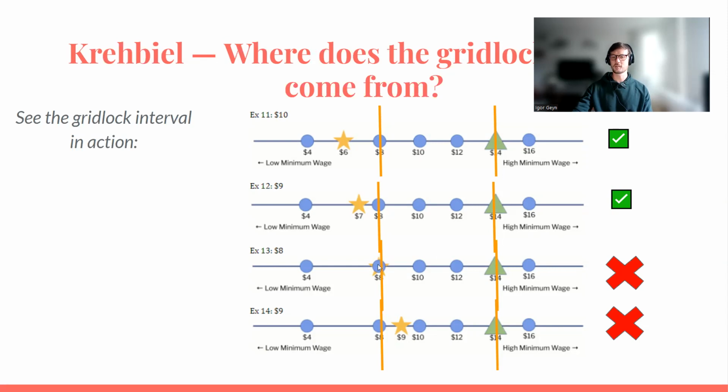But as soon as the status quo is within the gridlock interval, so as soon as the status quo is at $8, let's say, or $9, right, 2 points that are within these orange brackets here, all of a sudden we get gridlock, right? All of a sudden, represented by these red X's here, we do not move the policy towards the median.